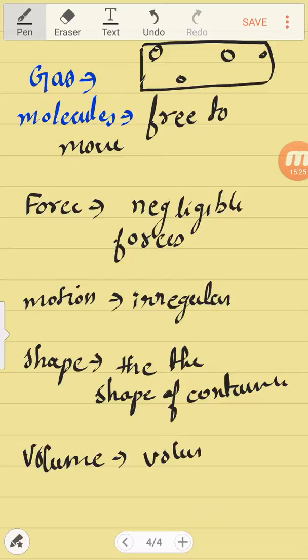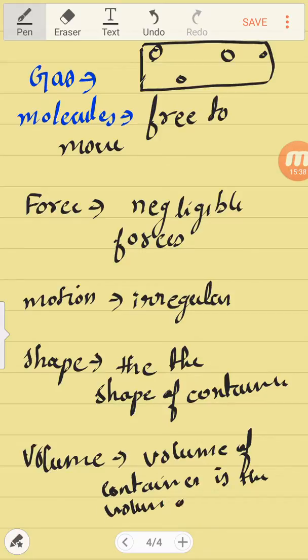Definitely the volume of container is the volume of gas, right? Wherever you pour it, like in a container, that volume will be the volume of gas.